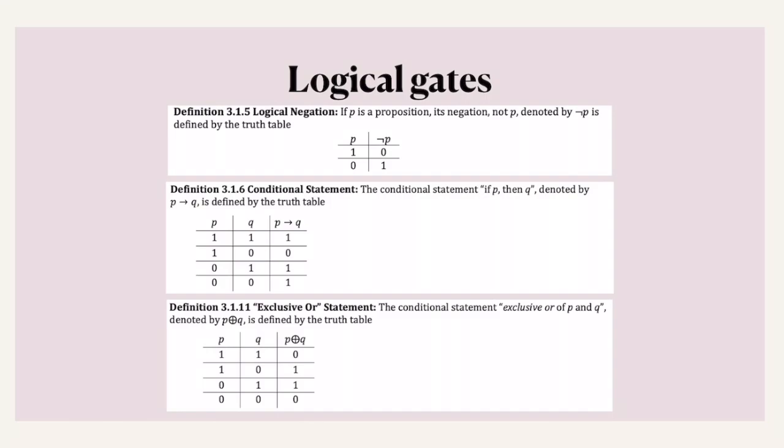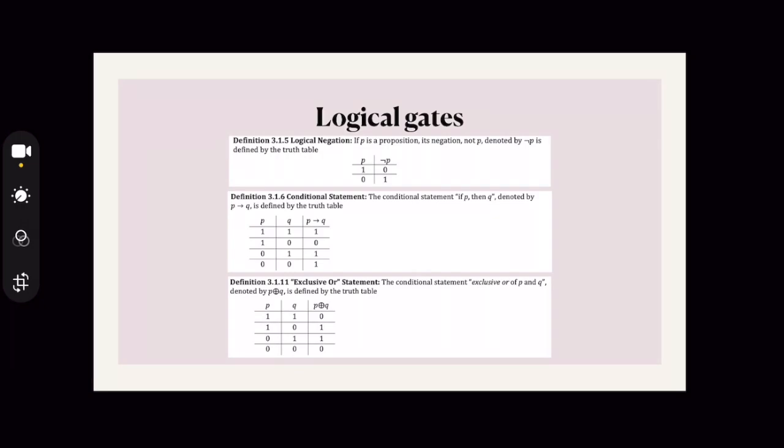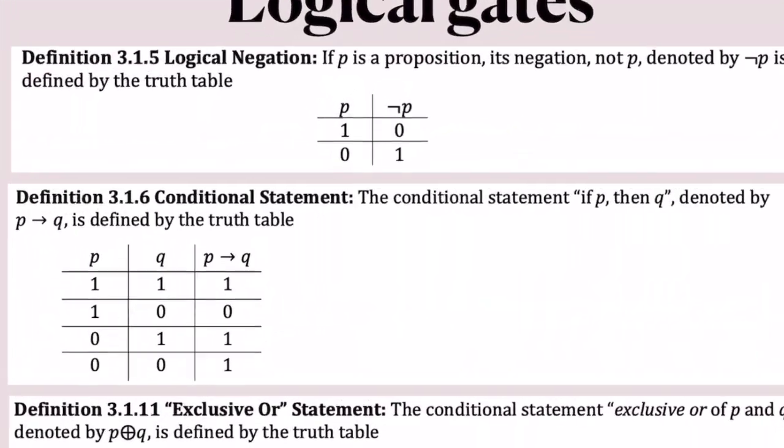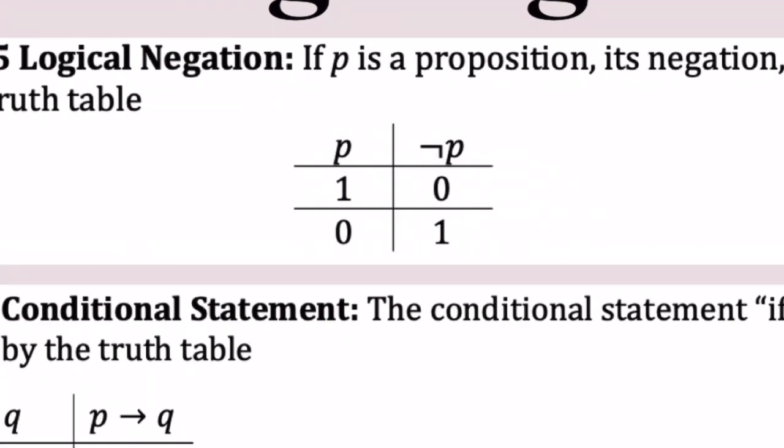So if P was true, not P will be false. As we can see in this table right here, P is 1 and 0. And if you have the symbol of negation next to P, it will become the opposite of whatever P was. So now, instead of being 1, it's 0, and instead of 0, it's 1.